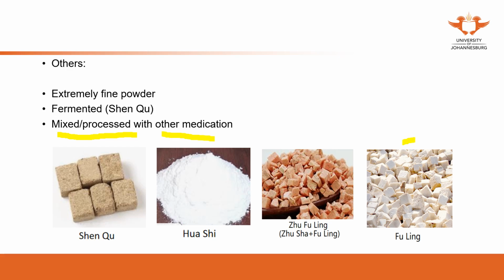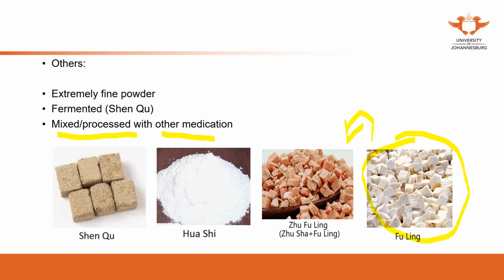For example, 茯苓. This herb is a fungus root. It is good for the stomach and also good for edema, but at the same time the patient suffers from irritation or palpitation. So we want the 茯苓 to help the heart as well.